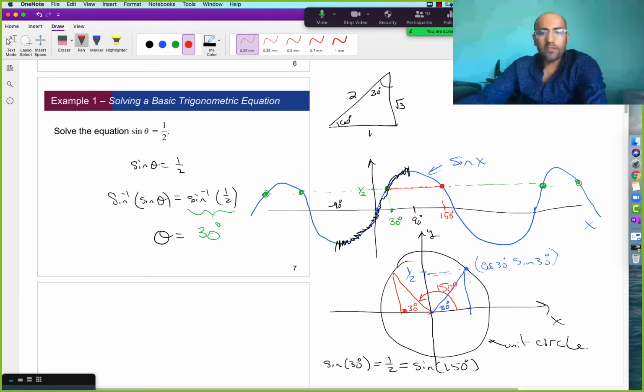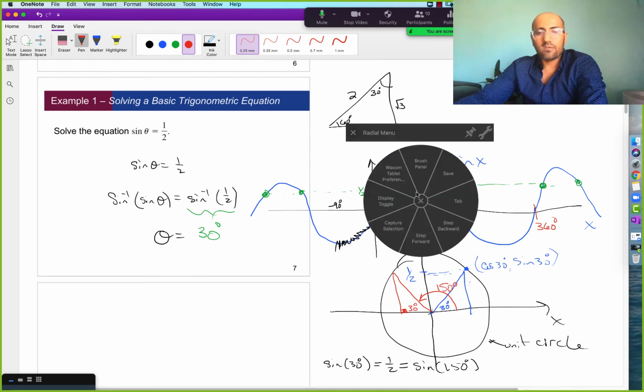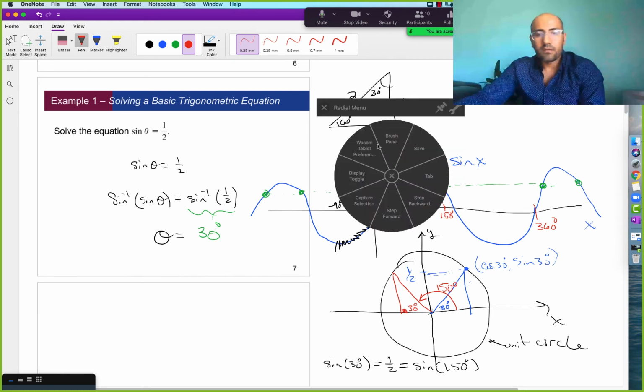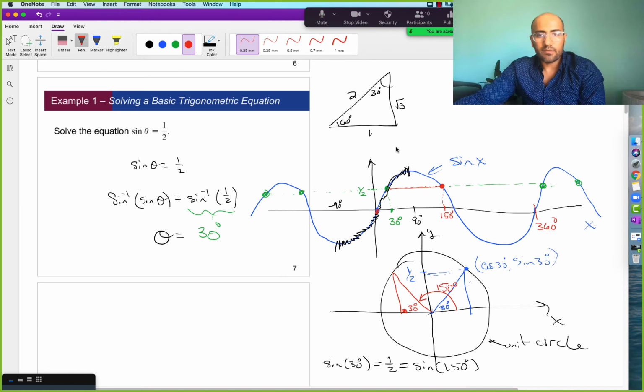Questions? Once we find the two values in our standard period, one standard period from 0 to 360 degrees, once we find these two values, then we can find the rest by noting that the period of sine is 360 degrees.